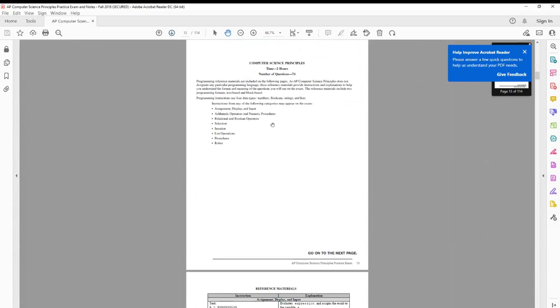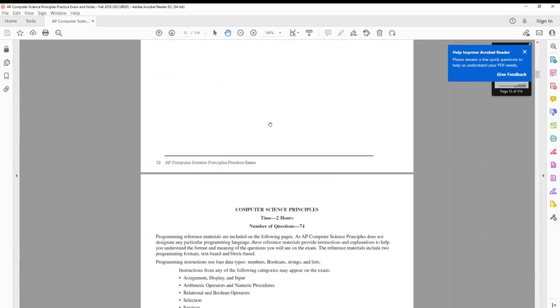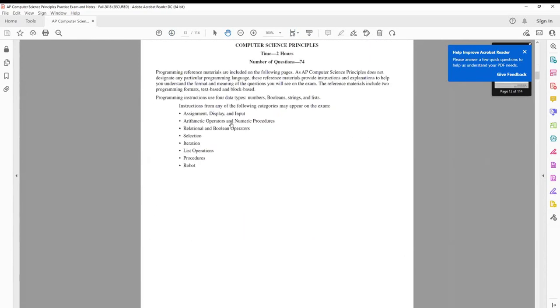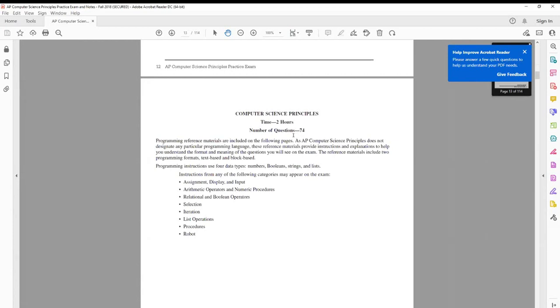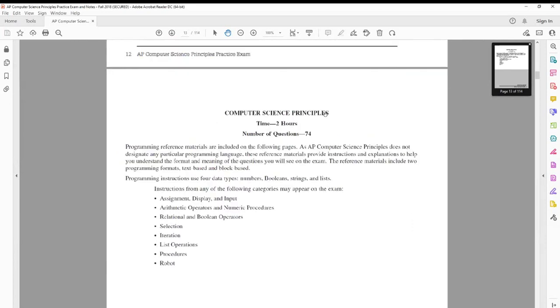The exam is 2 hours, with some single-choice, some multiple-choice, and some pick-two problems. For pick-two problems, you have to get both correct before you can get a score. It tests assignment, input, arithmetic operators, numerical procedures, relational and Boolean operators, selection, iteration, lists, and procedures.